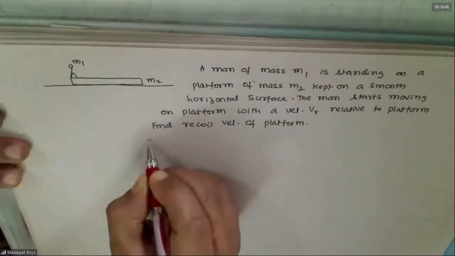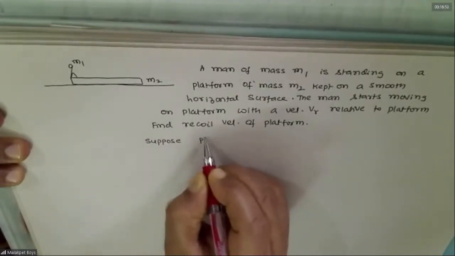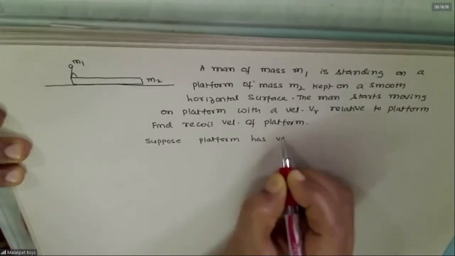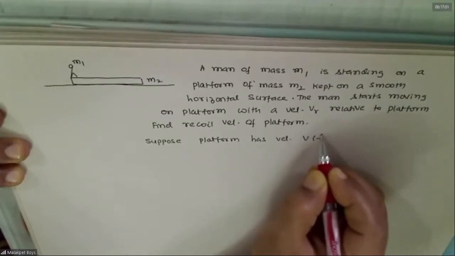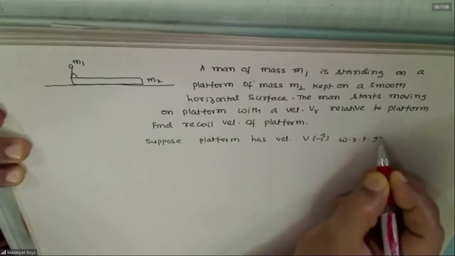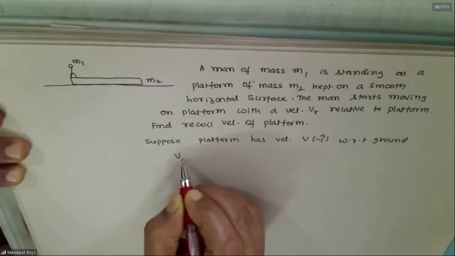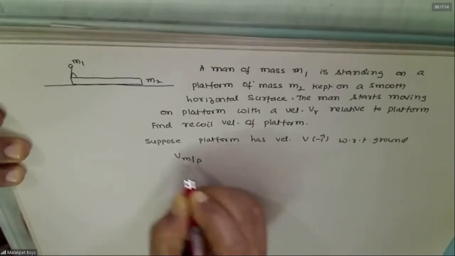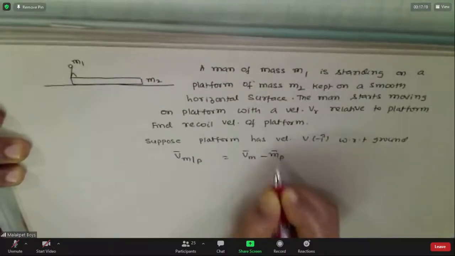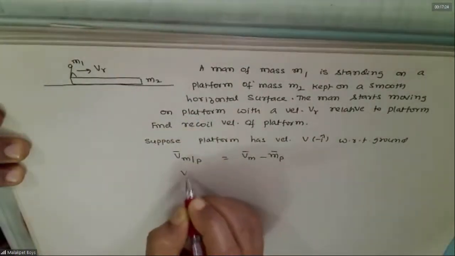Now suppose you have the velocity of the man with respect to the platform, given as VR in the problem.